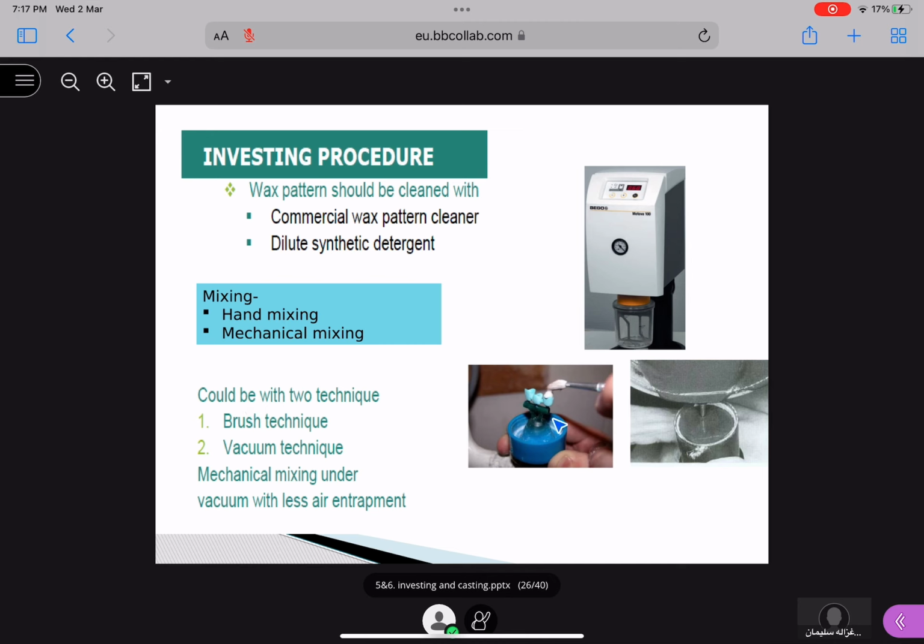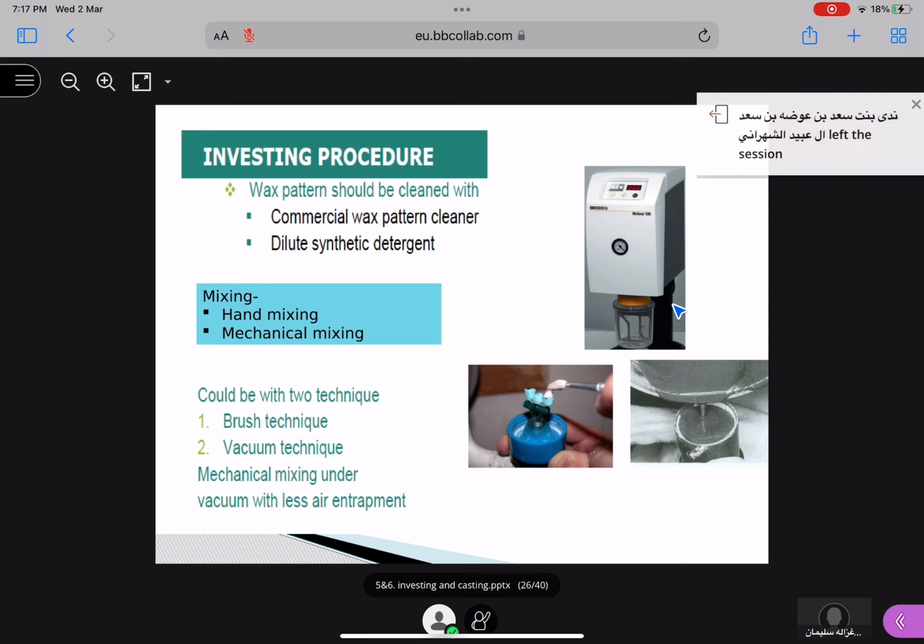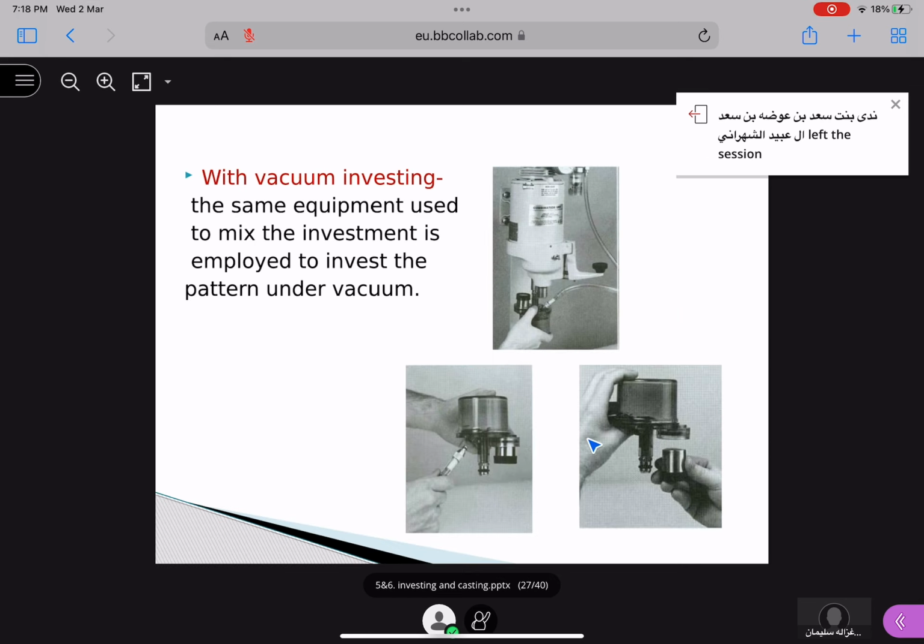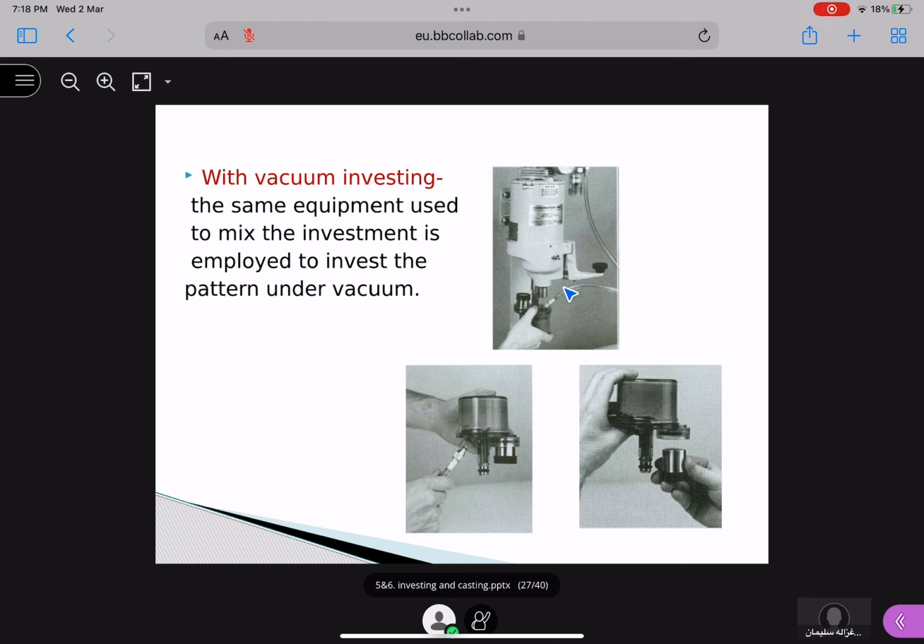Or if you are putting this investment, you can take this investment with the help of the brush, put it around it, and you can fill it like this and vibrate it. Then that is called a vacuum technique, or you can fill it here also. You can see here the vacuum investing.